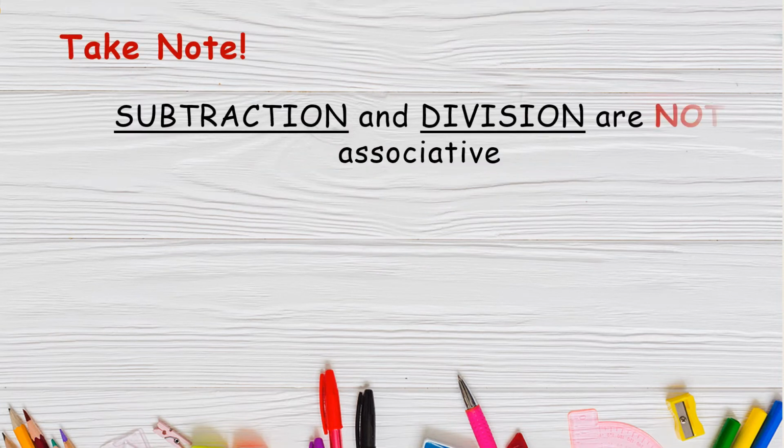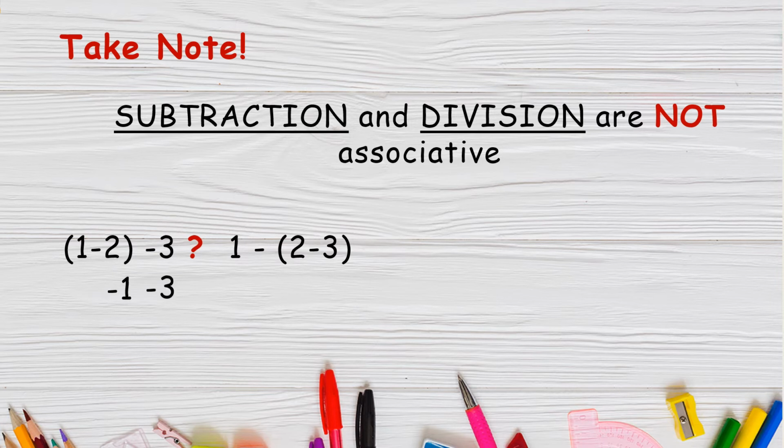Take note, subtraction and division are not associative. The quantity of 1 minus 2, minus 3, is equal to 1 minus the quantity of 2 minus 3. The quantity of 1 minus 2 is equal to negative 1, minus 3.